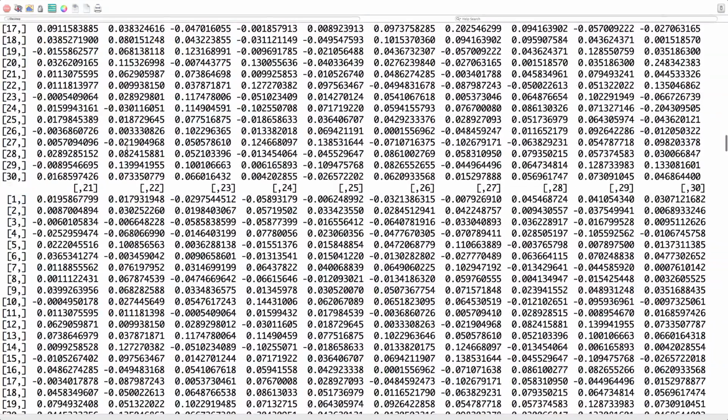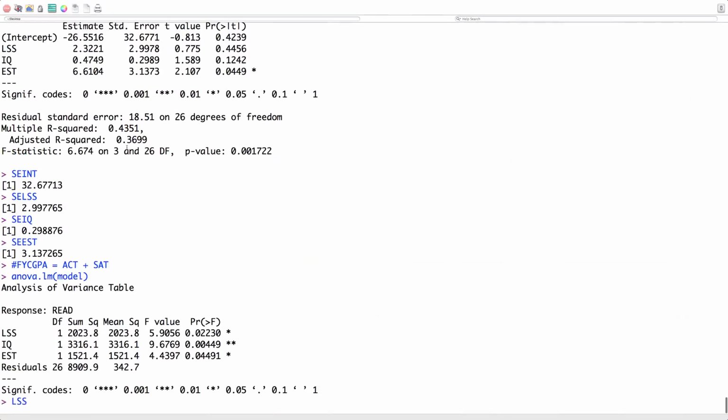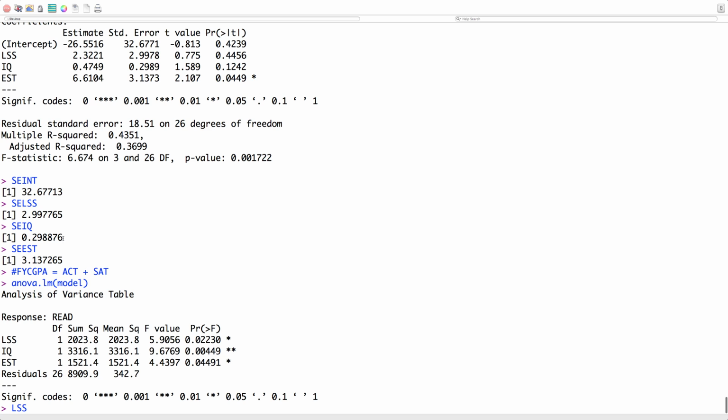And we saw that we could find the standard error for IQ by 0.29. Well, let's just call it 0.299.